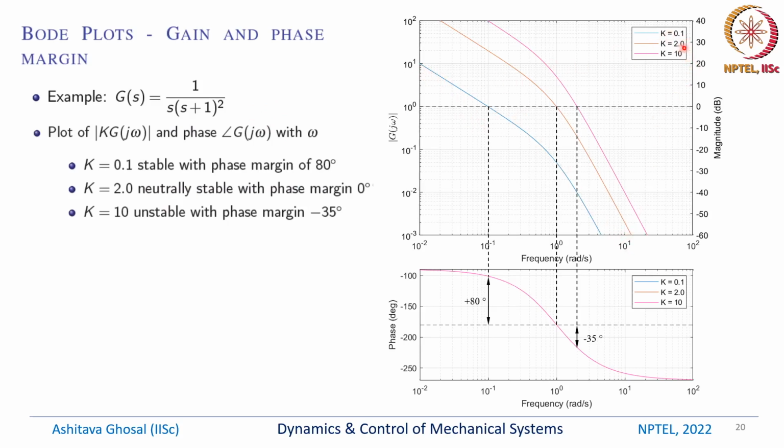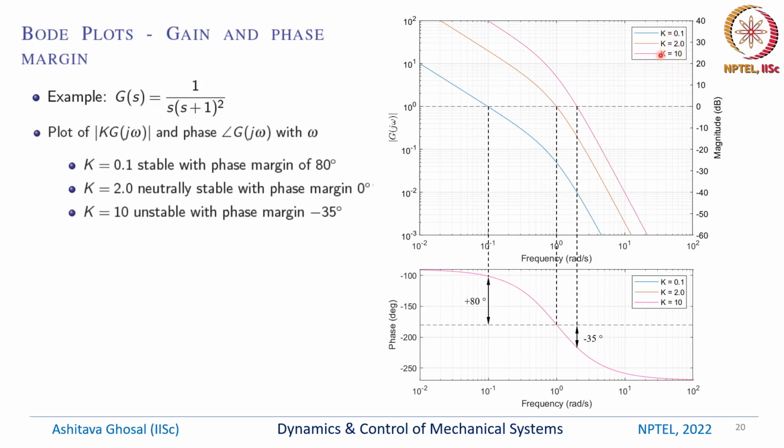Then if k is 2.0, which is this, remember k equals 2.0 is neutrally stable, and k greater than 2.0 it is unstable, and k less than 2.0 it is stable. So let us see what is happening to the magnitude and phase for k equals 0.1, 2.0 and 10. We have chosen these 3 k values sort of arbitrarily.